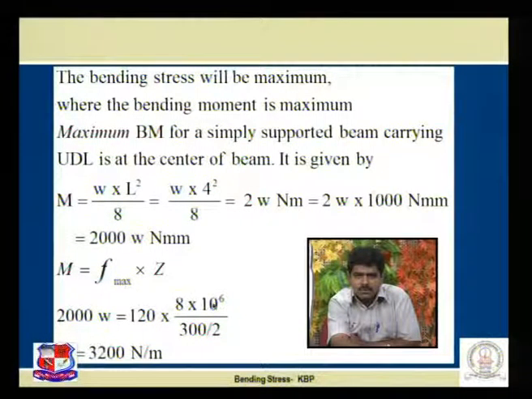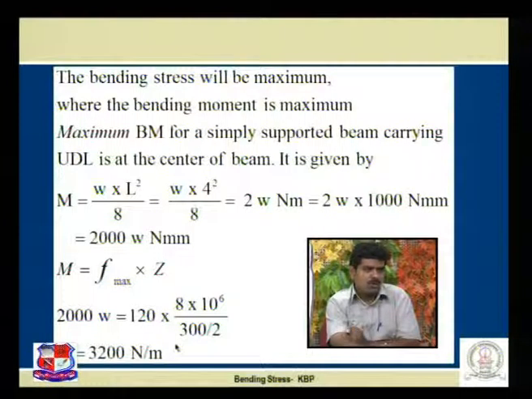I is given to you as 8 into 10 raised to 6, divided by Y max, that is 300 by 2. By resolving this simple equation, we got W as 3200 Newton per meter.